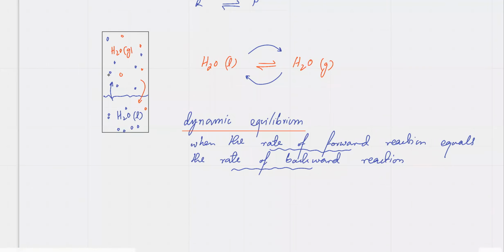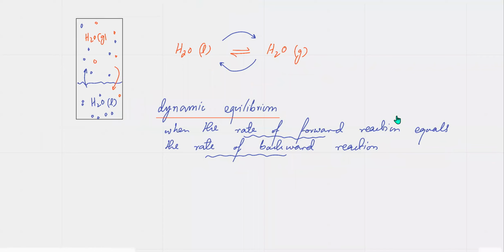So the amount of water vapors remains exactly the same. Is this clear? Yes, sir. Zainab, is this clear? Amna, is this clear? Yes or no? Yes, sir. So that is what a dynamic equilibrium is.